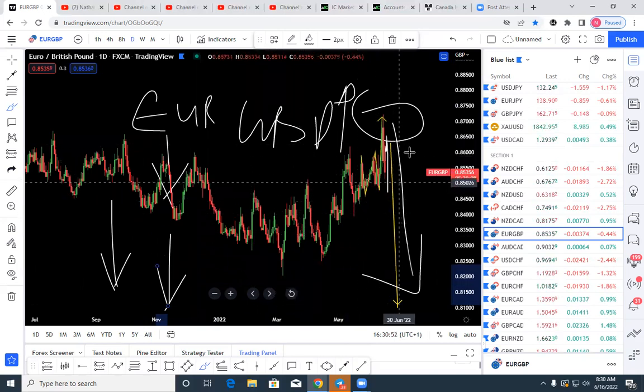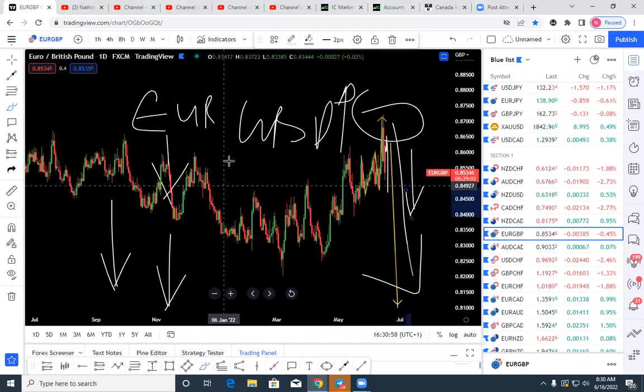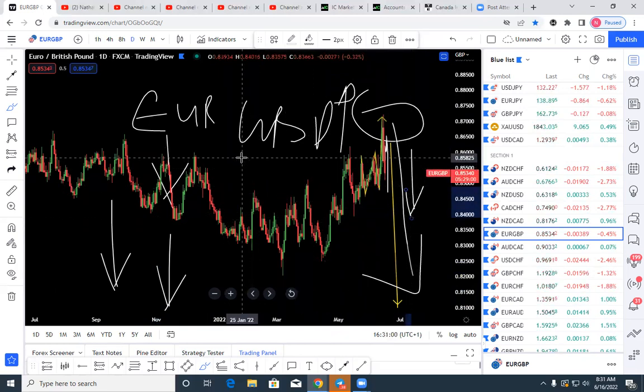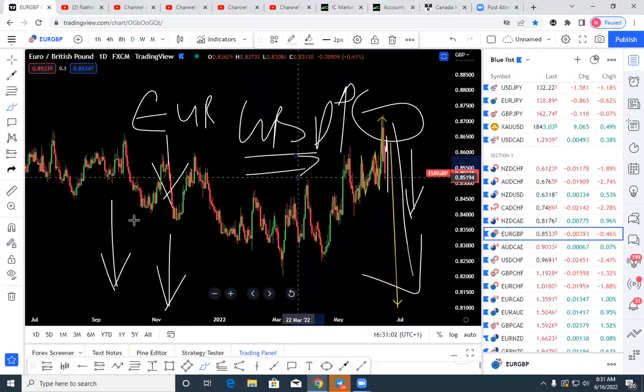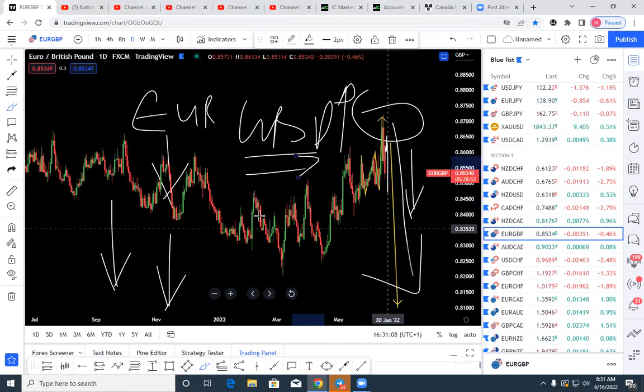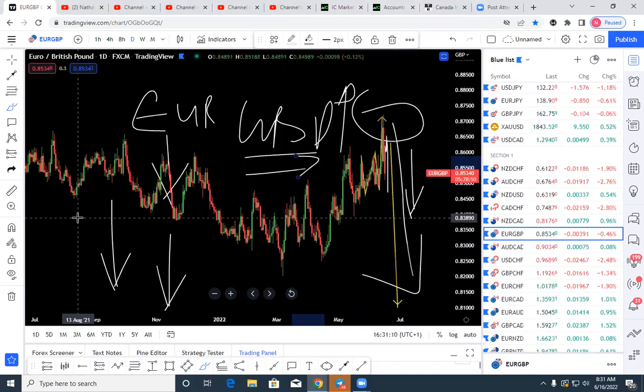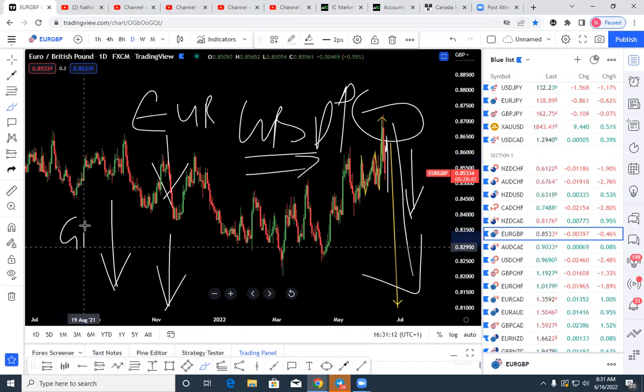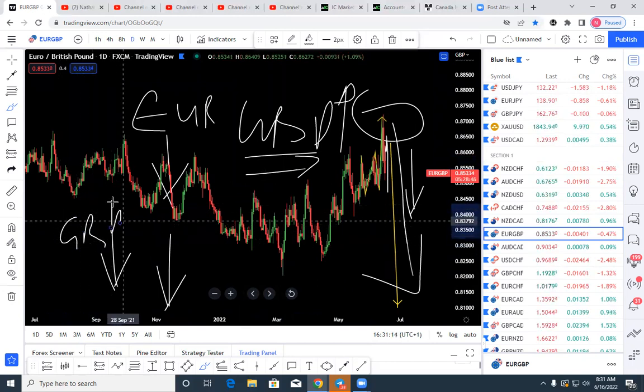But right now, from the indicator of Euro GBP, I'm seeing that Euro is weakening against the GBP. So which one will I buy, guys? I will buy GBP CAD. Because if Euro is going down against the GBP, it means that GBP is going up. So I'm going to prefer GBP CAD to Euro CAD. Based on that, guys, I now went to GBP CAD.